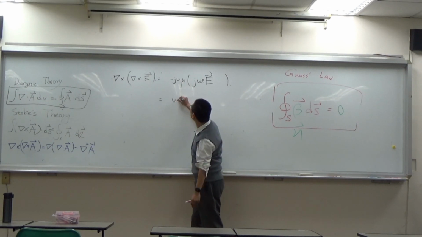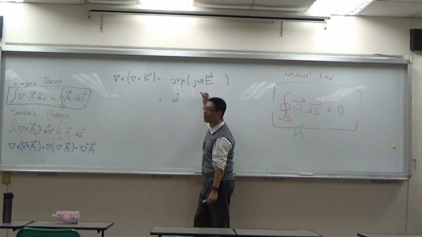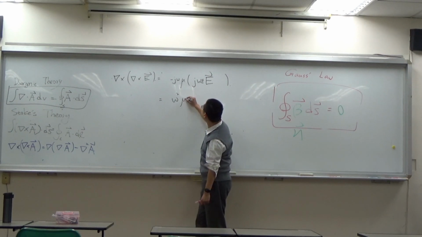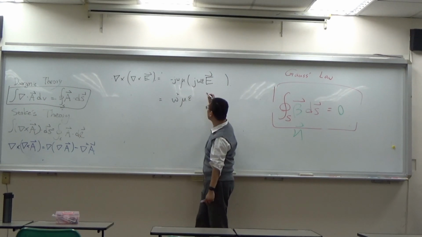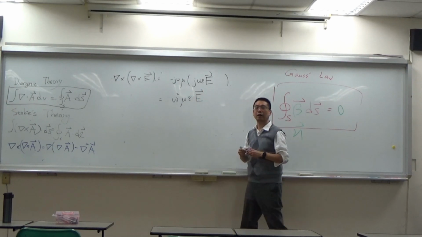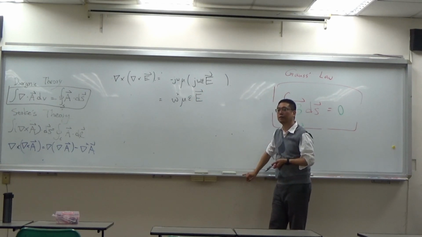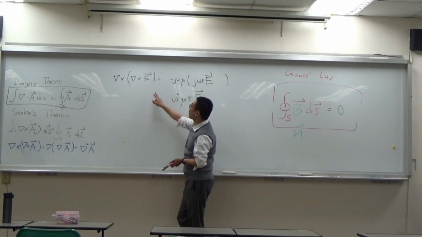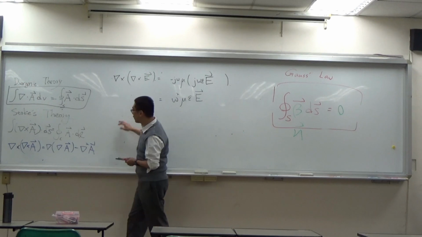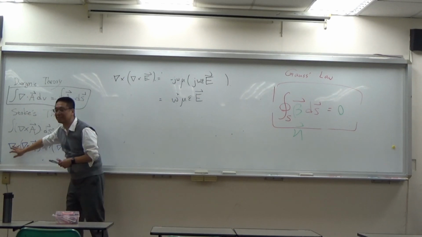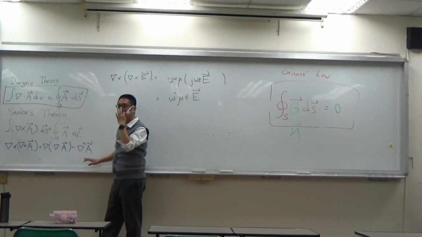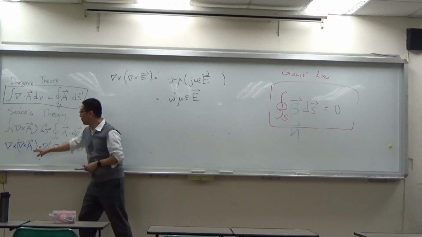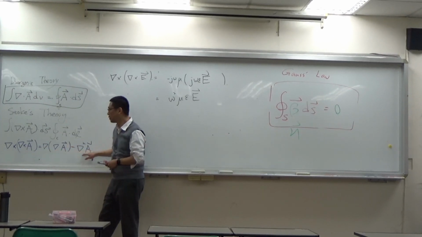Omega square mu epsilon E. Okay? This is ugly, right? I already wrote down the answer for that. This is a vector identity you can use. This one equals this part.